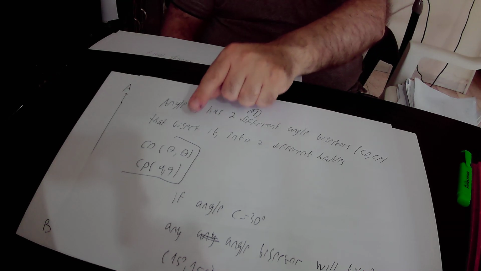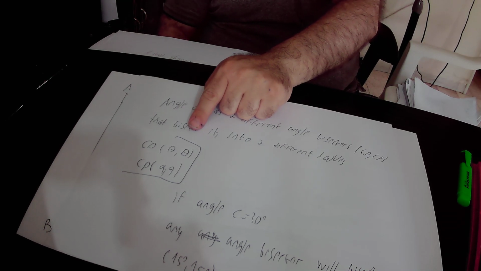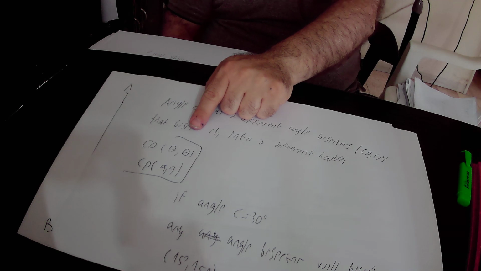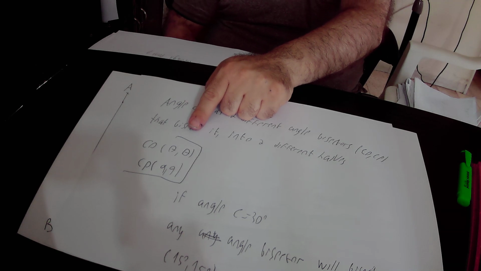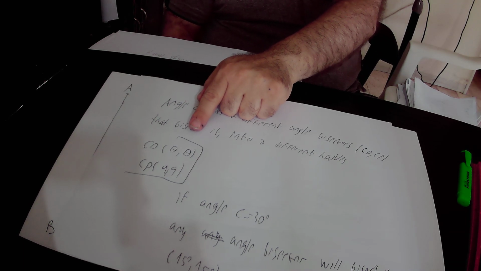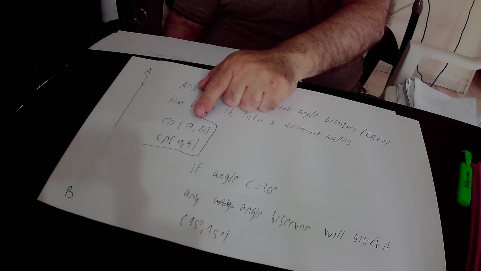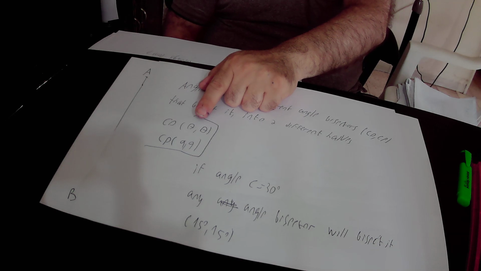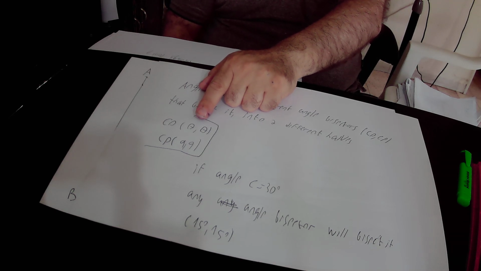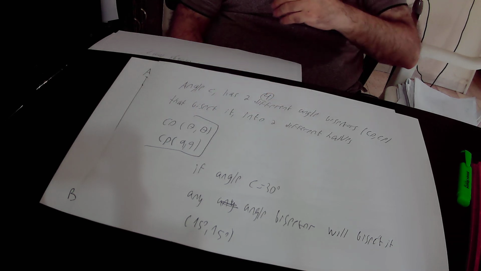While the angle bisector CO bisects angle C into two arms that are theta and theta, the angle bisector CP bisects angle C into two different arms that are alpha and alpha. And it is impossible. Why?